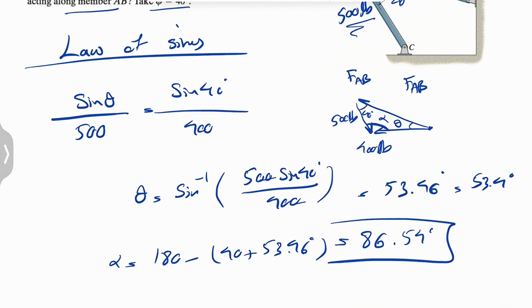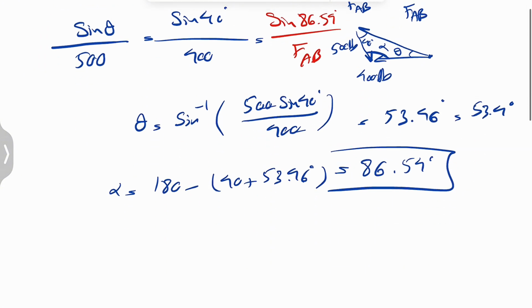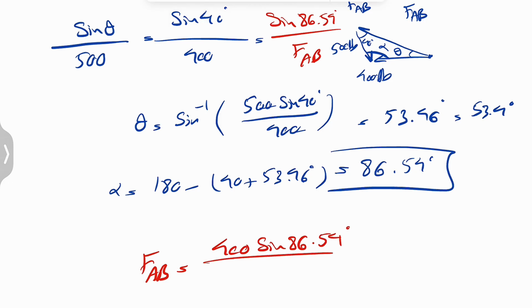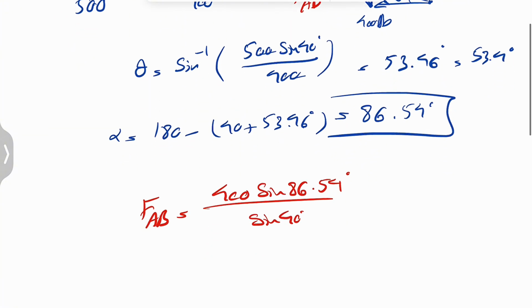Now that we have that angle, we can either use the law of cosines in order to find the FAB, or basically we have here sine of that angle that we found, 86.54 degrees over FAB, which is probably easier to go this way. So FAB would be 400 sine of 86.54 degrees over sine of 40 degrees.